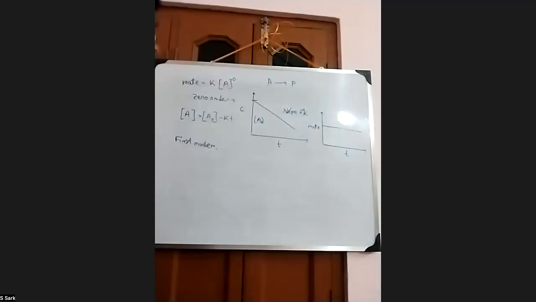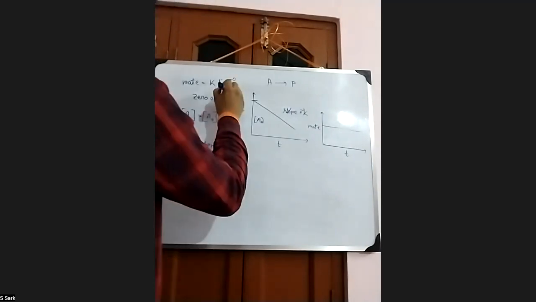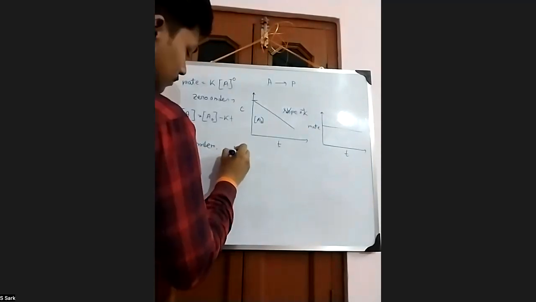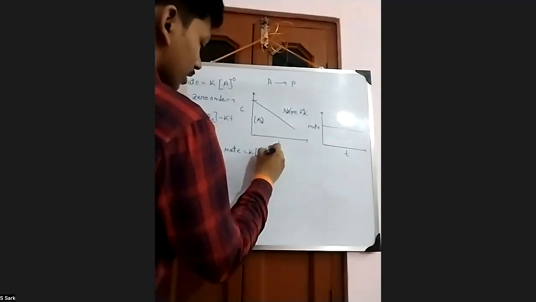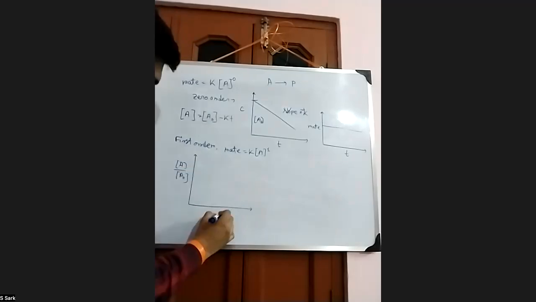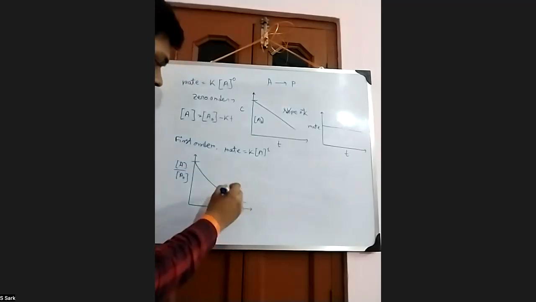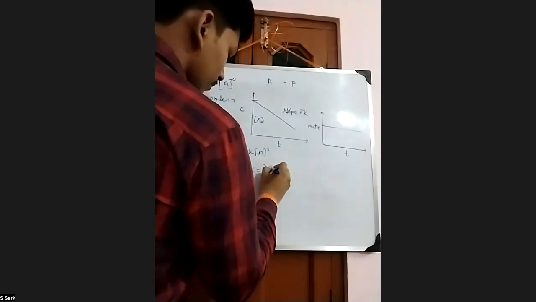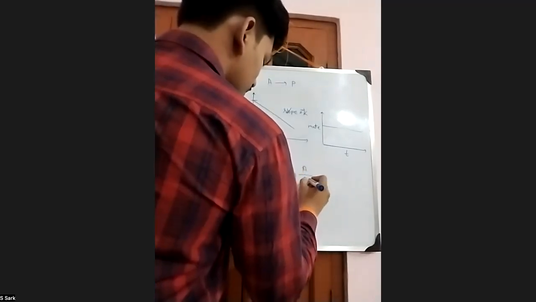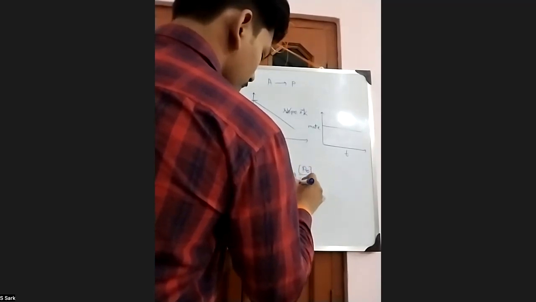And for first order reaction, rate equals k into A to the power 1, and in this case the graph of A by A0 versus t will be like this, because the rate equation of first order reaction looks like this: A by A0 is e to the power minus kt.